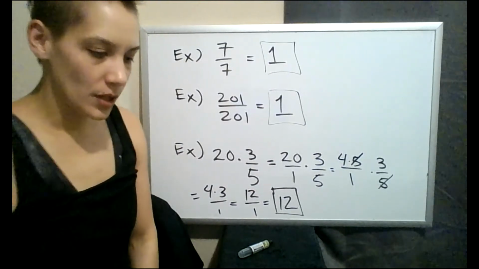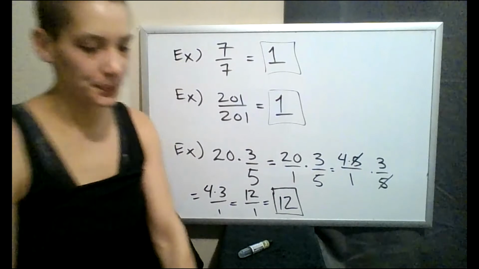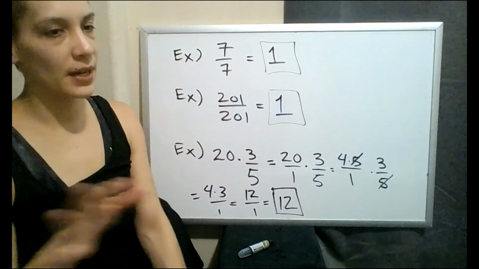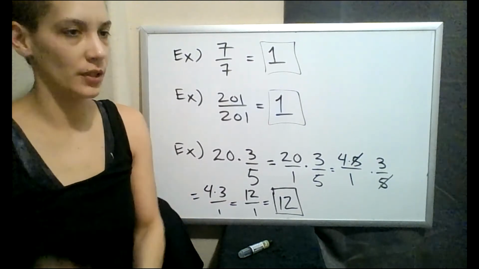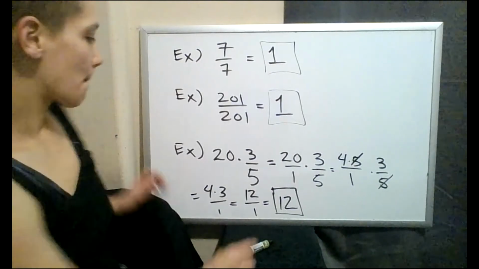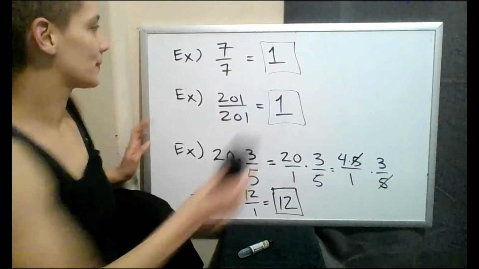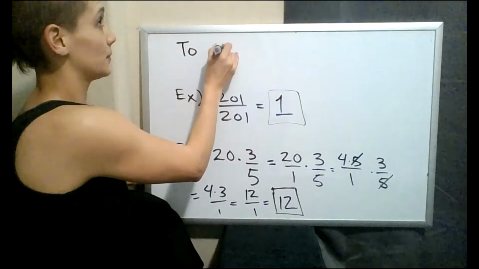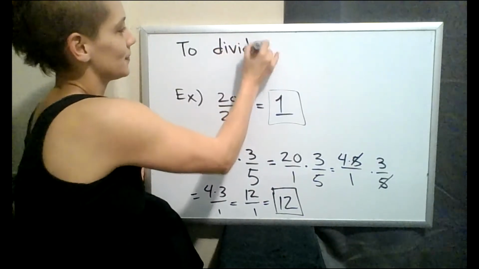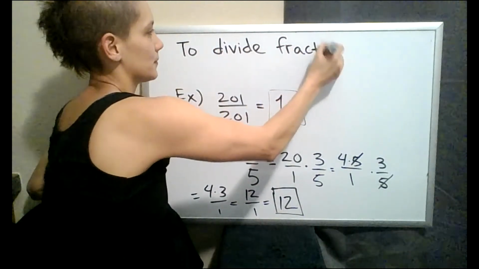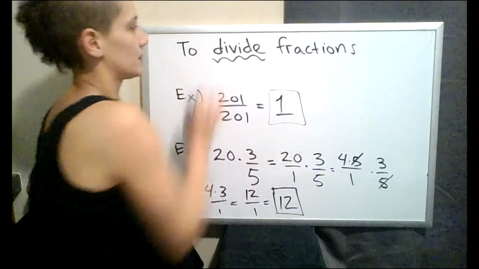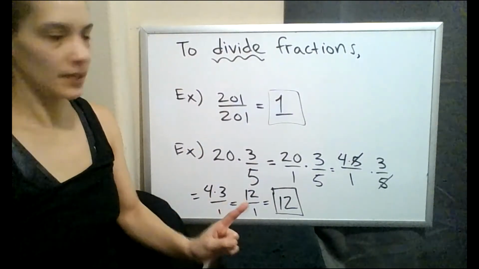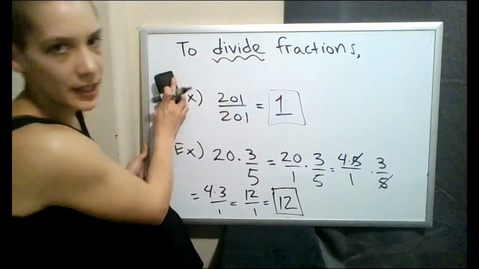Okay, next we want to talk about dividing fractions. So if you remember, you take the first fraction, and instead of dividing by the second fraction, you multiply by the reciprocal of the second fraction. Multiply the first fraction by the reciprocal of the second fraction.